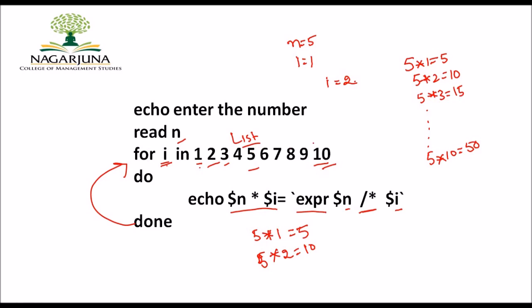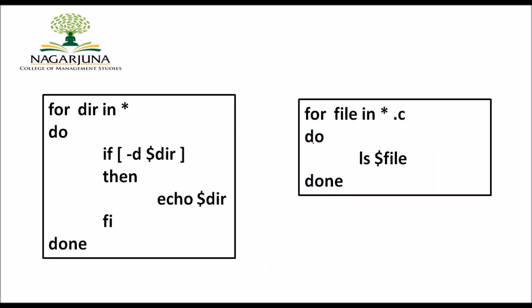Going forward, we'll see some more examples of how your for loop can be used to write your shell program. This is another example wherein I would like to check: dir is a variable which will store a directory. Let me assume that it can store the names of the subdirectories within the directory.